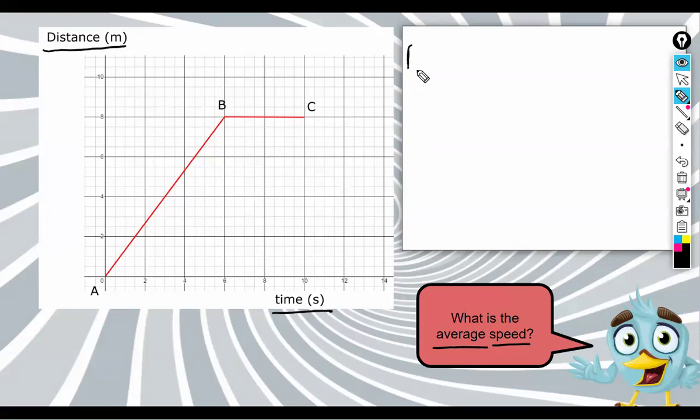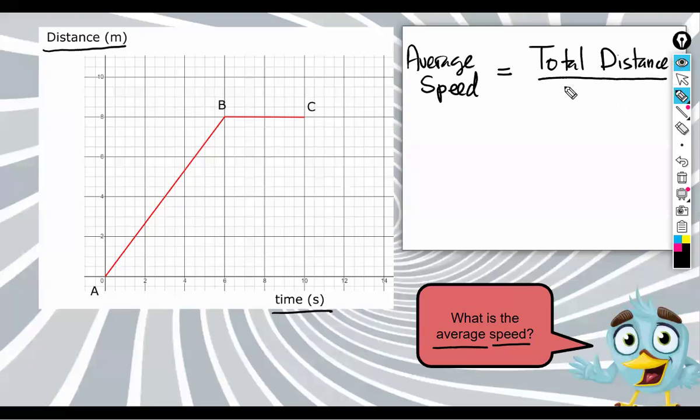But if he says average speed, I hope I spelled average correctly there. He wants you to take the total distance traveled by the object divided by the total time that he is referring to. Now, let me show you how to interpret this formula. So this bird comes up and says, hey, find the average speed.